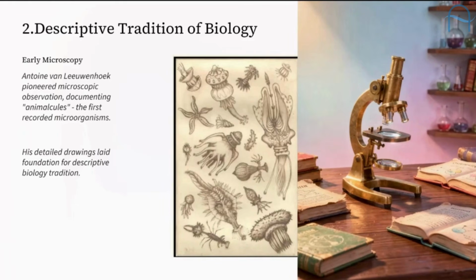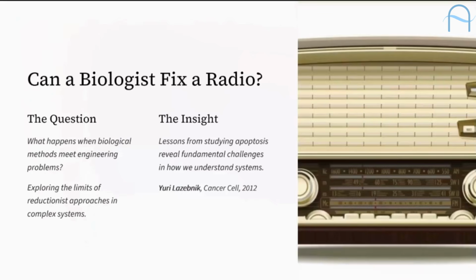You literally draw pictures of what you see. Antoine van Leeuwenhoek used this crude microscope, and just used imagination and drew all these pictures. And now we use more fancy equipment like a 3-photon microscope or 2-photon microscope or 7 Tesla MRI scanner and so on and so forth. But it's still collecting data and in a way making observations and pictures.